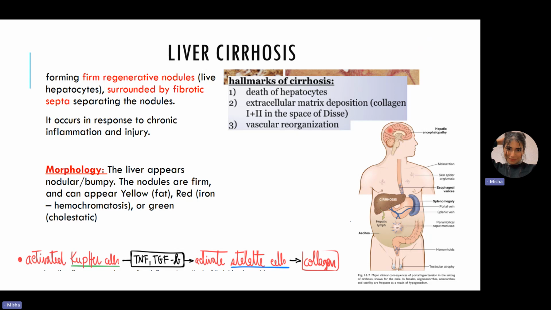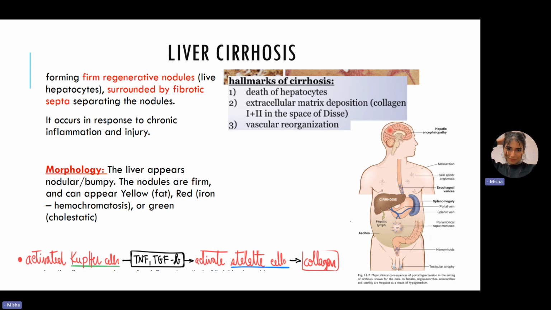So let's talk about why this fibrosis occurs, or how the fiber is deposited in the liver. For example, injured cells are followed by inflammatory cells and cytokines such as TGF beta, and we have stellate cells in the spaces of Disse, right? Very important to remember is that the stellate cells react to the cytokines and transform into myofibroblasts.